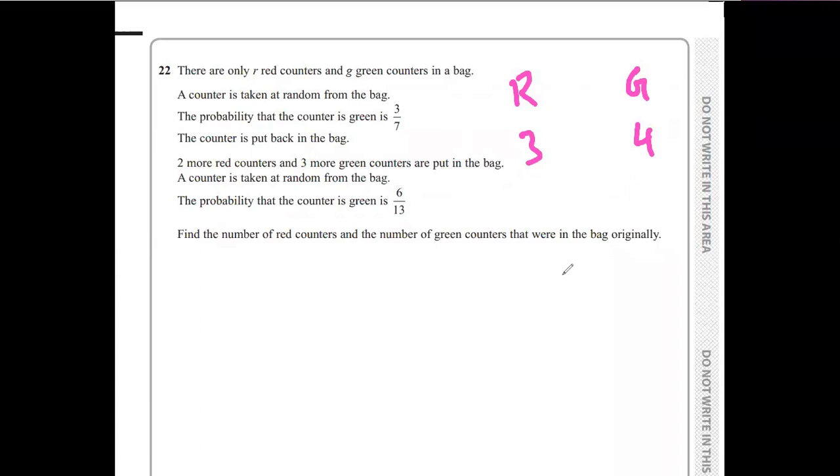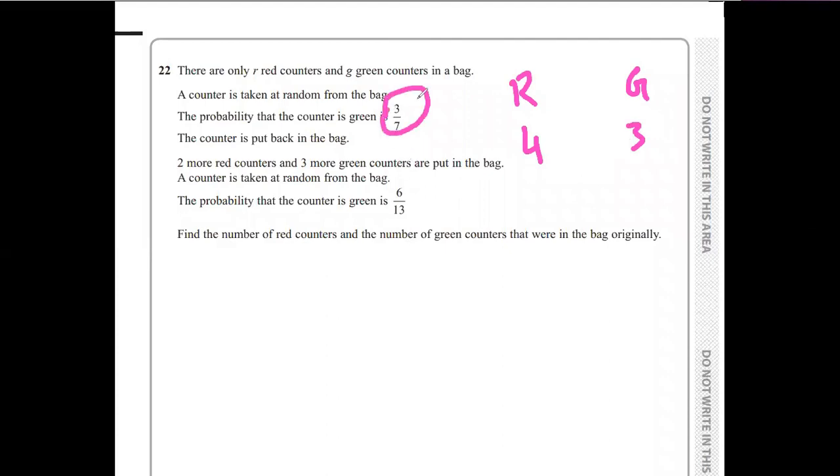Right, okay, so looking at this one here, the probability that the counter is green is 3, so what we need to do is write 3 there, 4 there. Tell me what's wrong if I write 3 and 4 exactly? The probability is given, like 3 and 4.